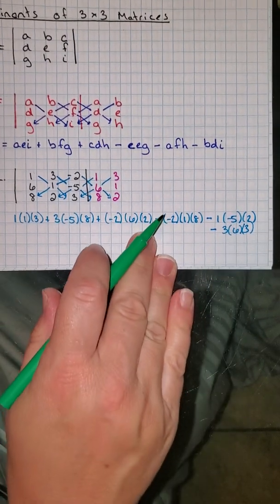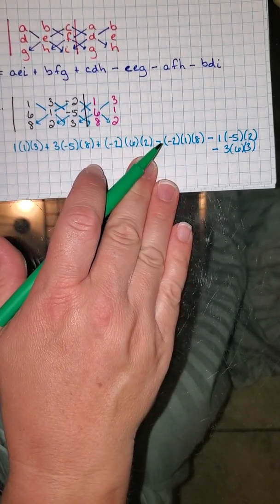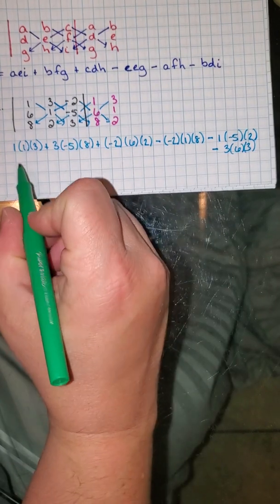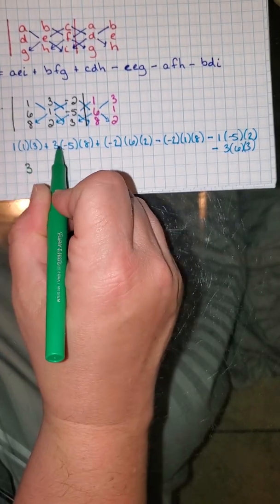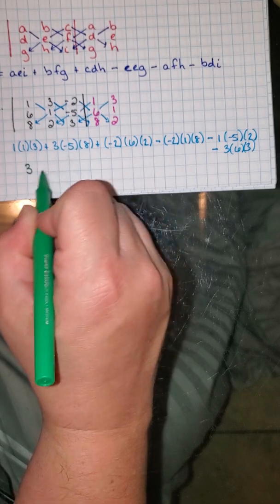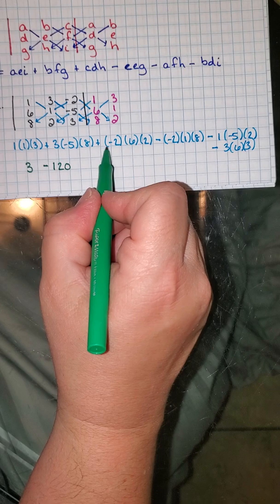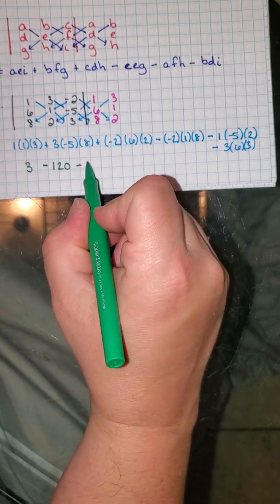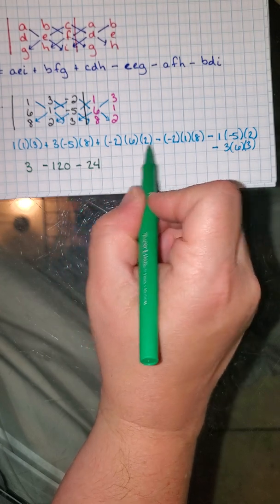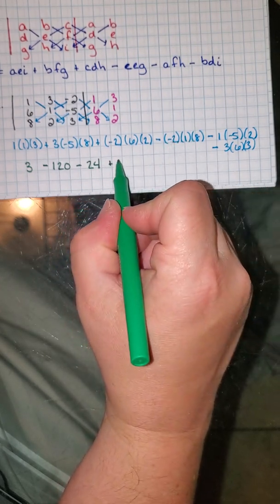So 1 times 1 times 3, that's 3. And then this will be -15 times 8, that's -120. Plus a negative, again this will turn negative, 4 times 6 is 24. Minus a negative again will become plus, 2 times 8 is 16.